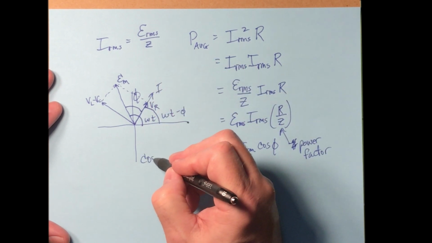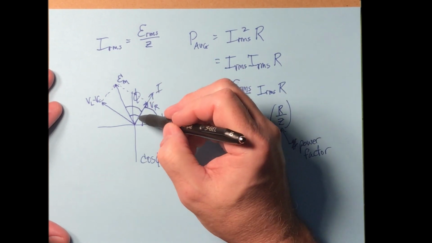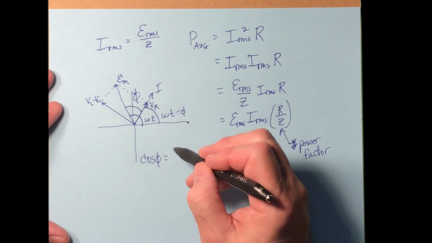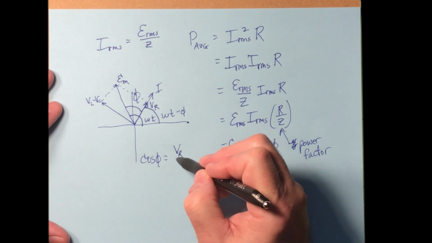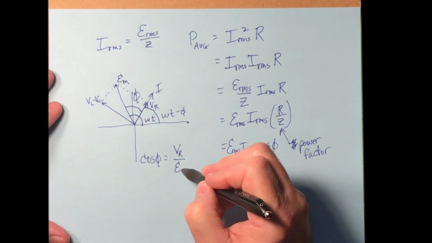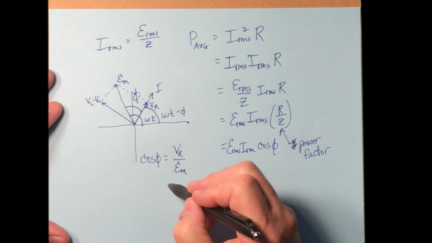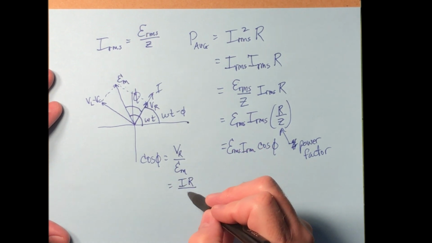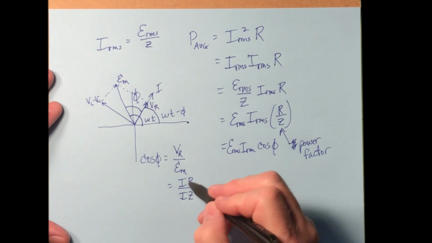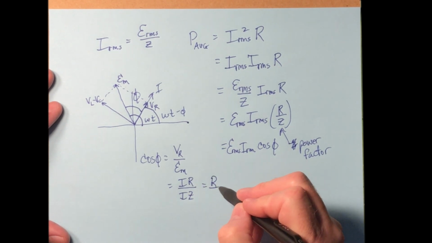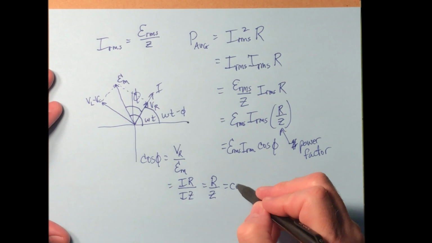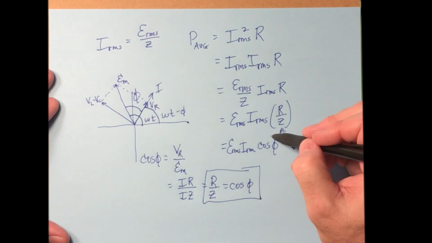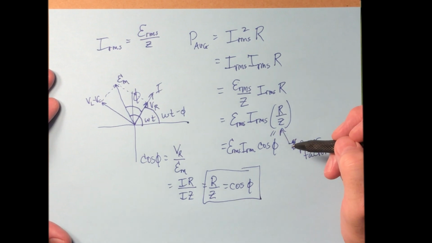The cosine of that angle is going to be adjacent over hypotenuse. Well, the adjacent is V sub R. The hypotenuse is E sub m. So we can write V sub R, that's capital I times R, divided by I times Z. The I's will cancel, and we're left with R over Z. And that is the power factor. So these two things right here are equal to each other.